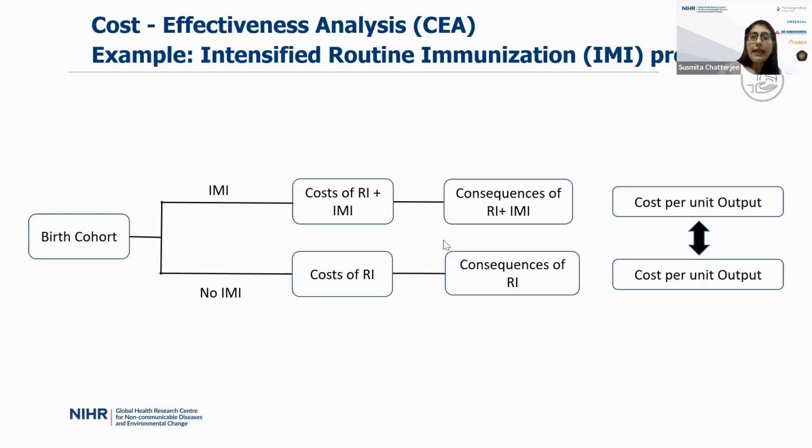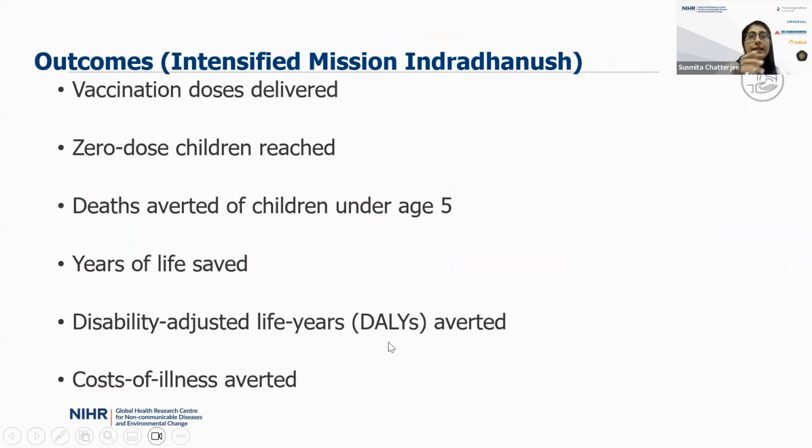Now let's look at what are the consequences or outcomes of IMI that we considered in our study. In your study, you have to think about what outcomes you are looking at, and what the intervention is aiming for. That's the outcome, right? This outcome can be an intermediate outcome or a long-term outcome. It's up to you which outcome you want to measure.